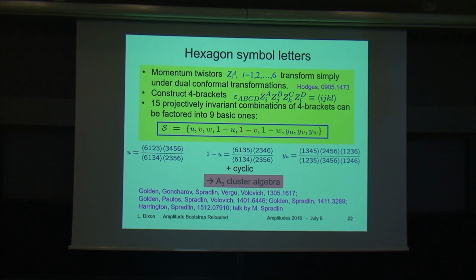So the original cross ratios have this kind of 2 over 2 ratio, and 1 minus the cross ratios of this form. And then there are 3 more, what we call parity odd letters, the y's. The connection to the A3 cluster algebra has been understood in these papers, as well as similar things for n greater than 6 gluon amplitudes.